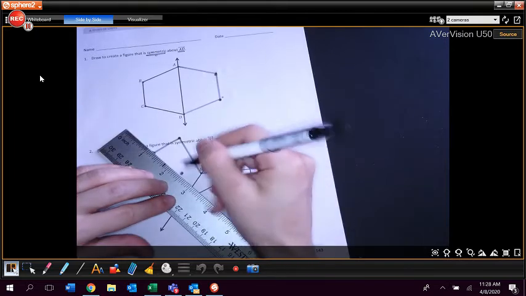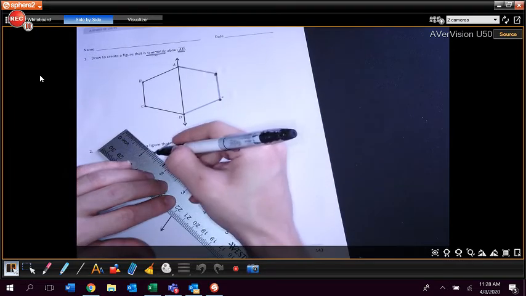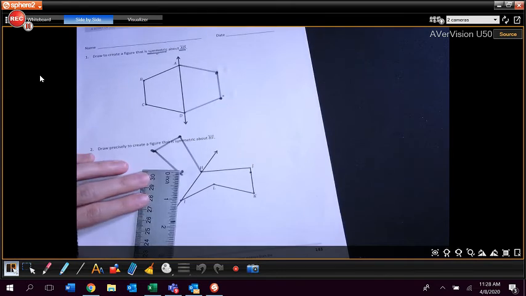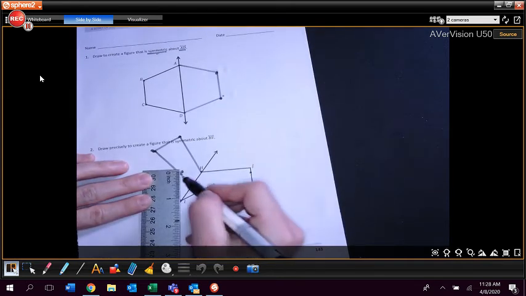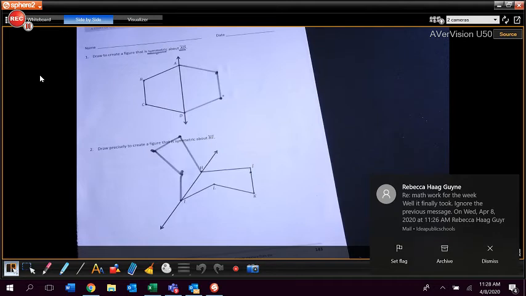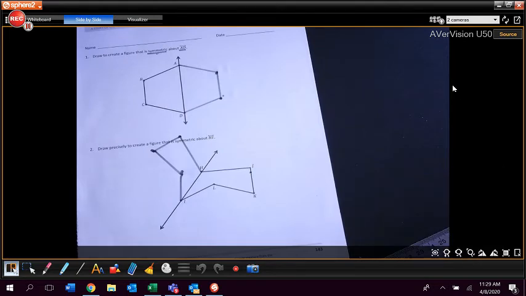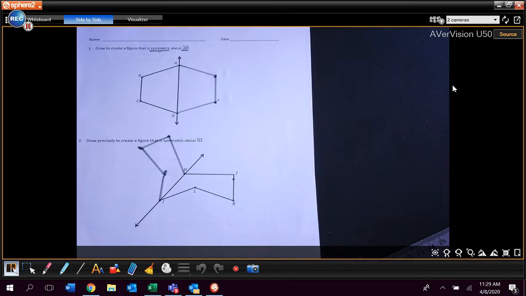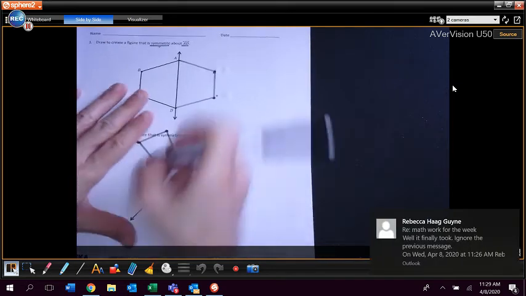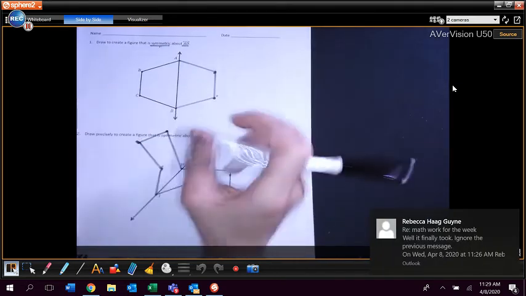I need to make sure it's aligned right with L. So about right there. There it is. And then I connect my last points. And that is how you make your symmetric figure. That is what it's supposed to look like.